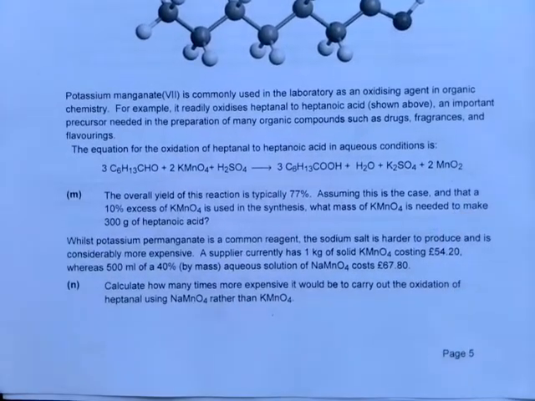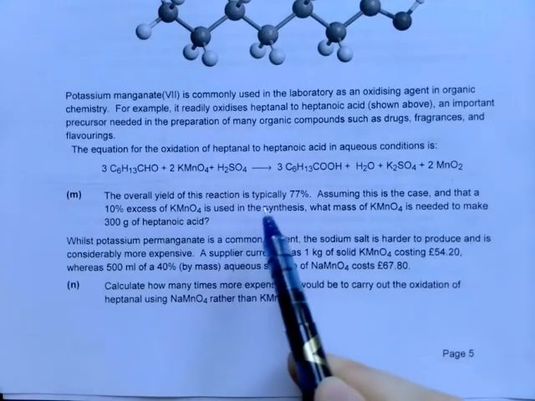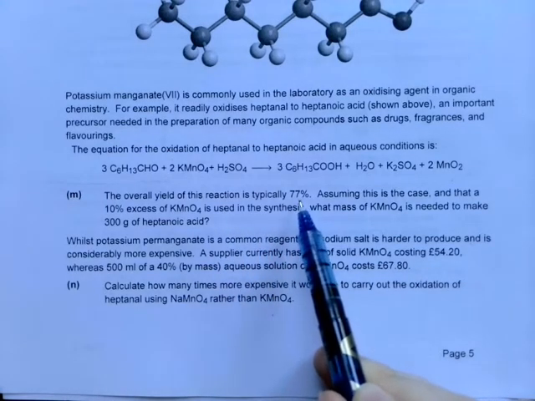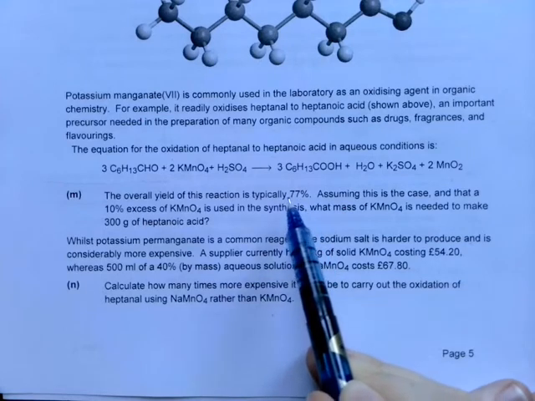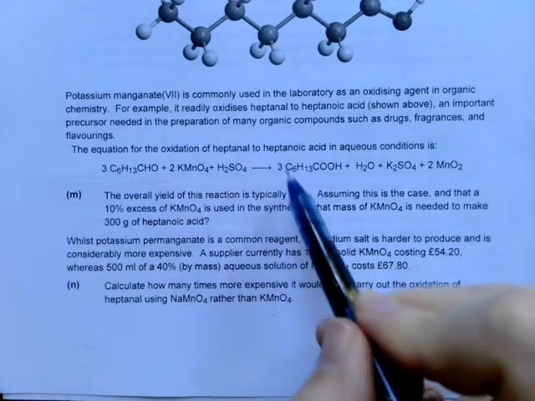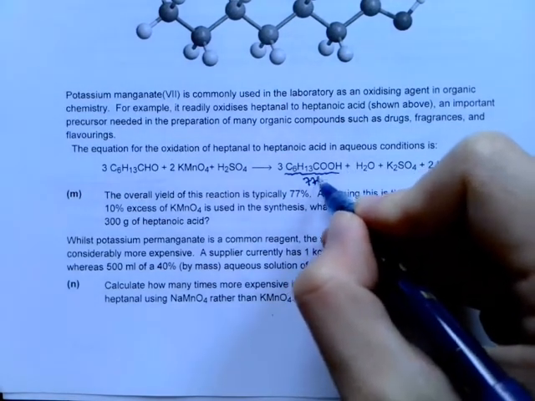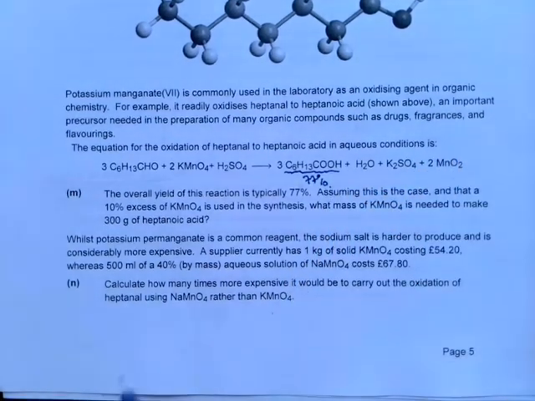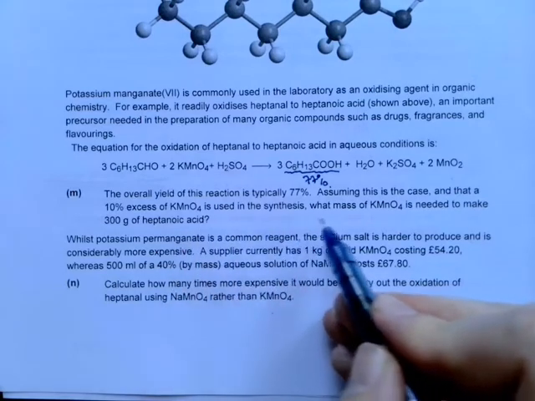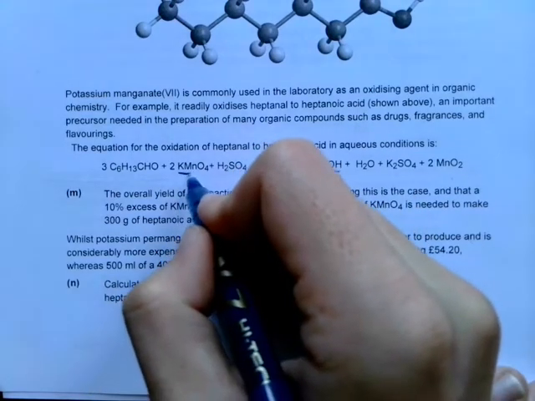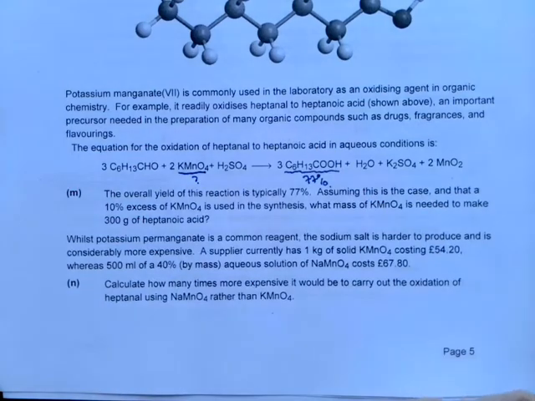Okay. So the overall yield of this reaction is typically 77%. Okay, so we're making heptanoic acid. So the yield of this, that's 77%. Okay, assuming this is the case and that a 10% excess of KMnO4 is used in synthesis, what mass of KMnO4 do we need? All right, so this is just a percentage yield question.